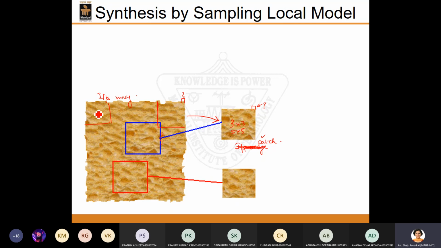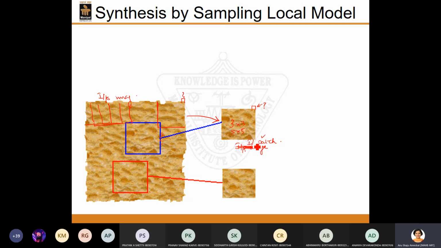So I am trying to divide this. So let's say this is one patch, this is another patch, then I have another patch. Okay, it could be overlapping patches, it could be non-overlapping patches, or so on. So if I'm considering, let's say, overlapping patches, and I am considering all these patches, each patch which I consider, I try to compare with this input patch.